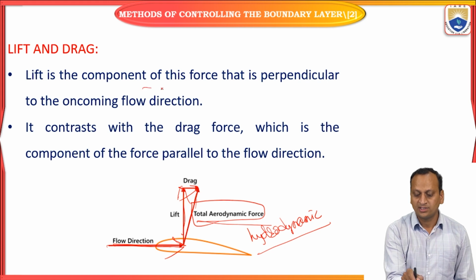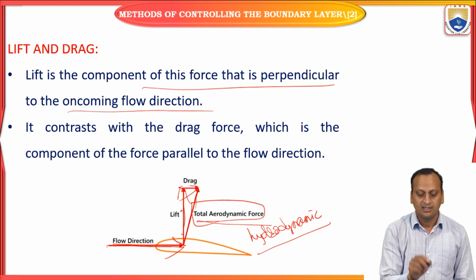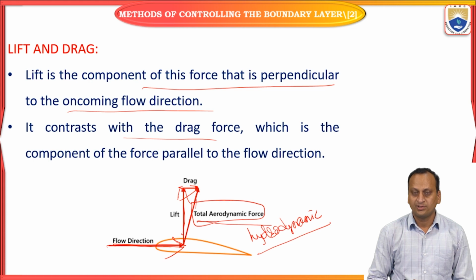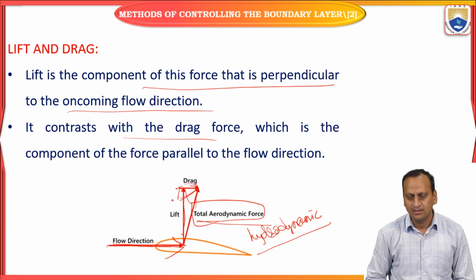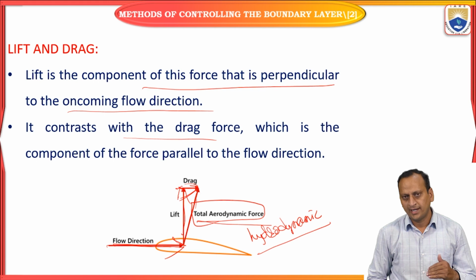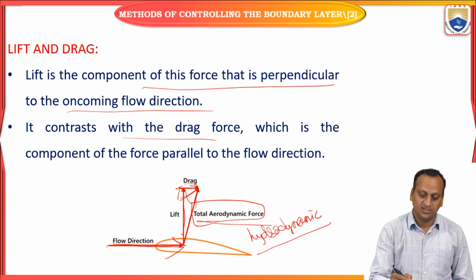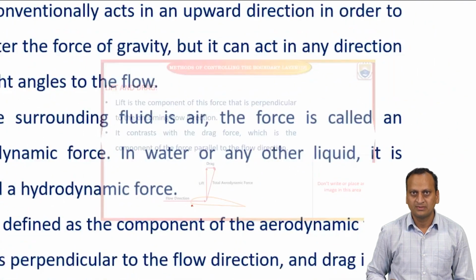A lift is a component of force that is perpendicular to the oncoming flow direction, and it contrasts with the drag force, which is a component of the force parallel to the flow direction. So drag is the component parallel to the flow direction, lift is perpendicular to the flow direction, and the resultant force is nothing but the total aerodynamic force.